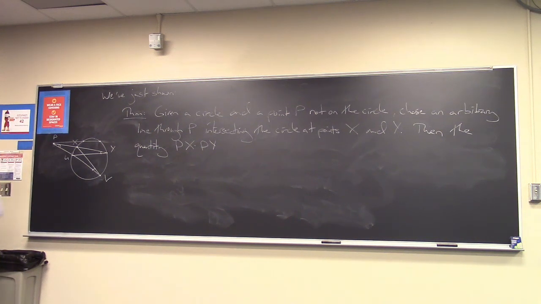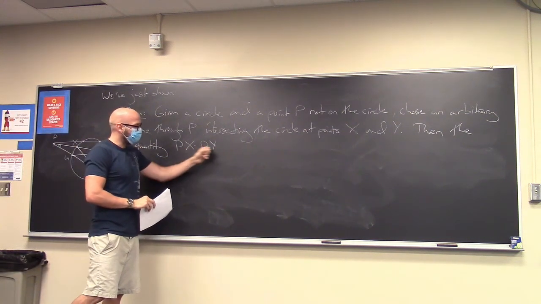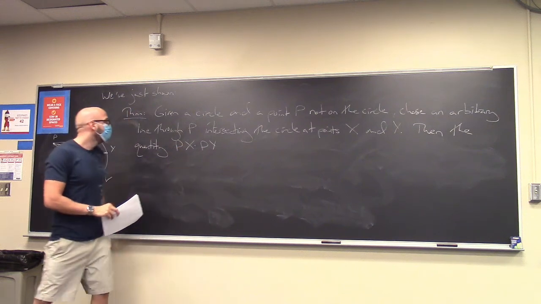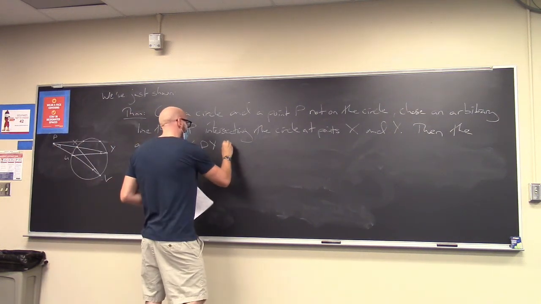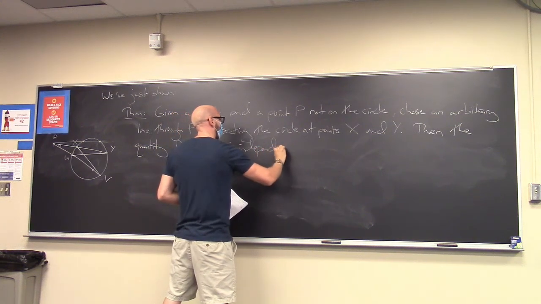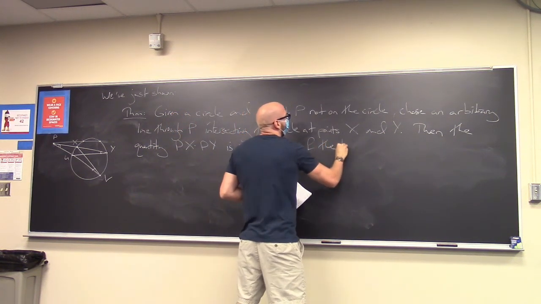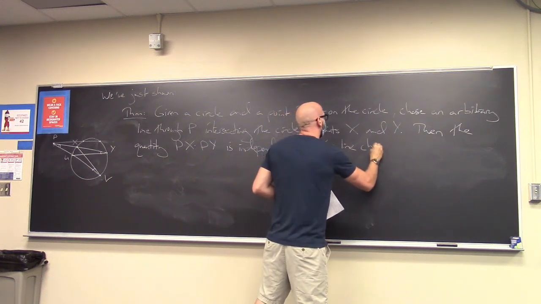It doesn't depend on the choice of line, it's independent of the choice of line, it depends only on P. And it certainly looks like it should depend on the line because that gives you X and Y, but it doesn't, as we've shown. This is independent of the line chosen.